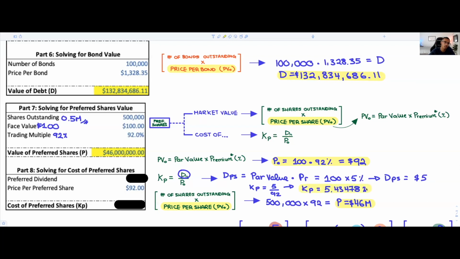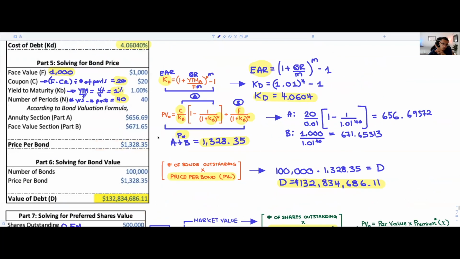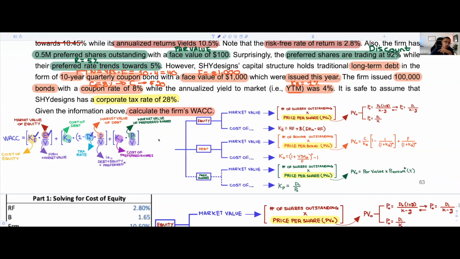It's getting weird. So with that, we could go ahead and identify all the good stuff that we have. Now that we have our value for debt, our cost of debt, our value for preferred shares, and our cost of preferred shares, go back into our WACC formula at the top, and we could get that little instant gratification, that little dopamine fix, because we could say that we have our cost of debt, we have D, we have KP, and we have P. So now we're able to find the value of the firm.